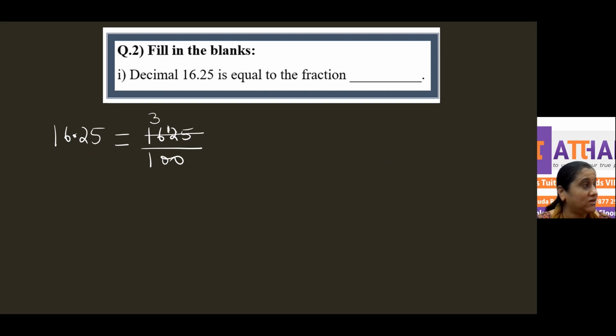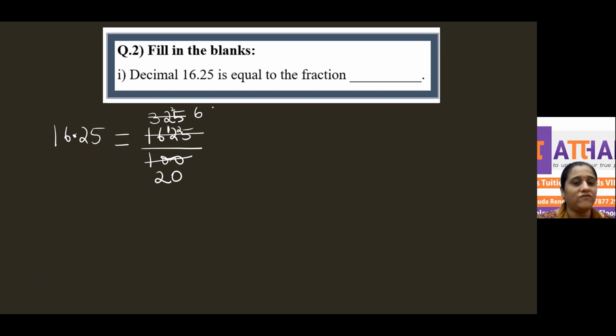So this is 12. 5 2s are 10. 2 is the remainder. Fix the 2 here. 25. 5 5s are 25. 5 2s are 10. Correct? Now again divide by 5. 5 6s are 30. 2 is the remainder.